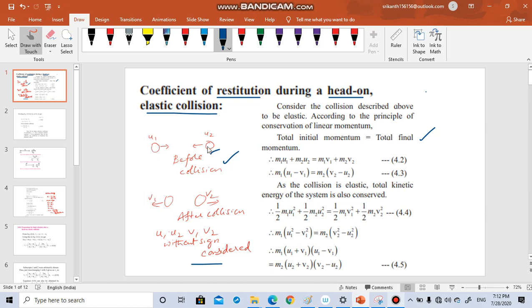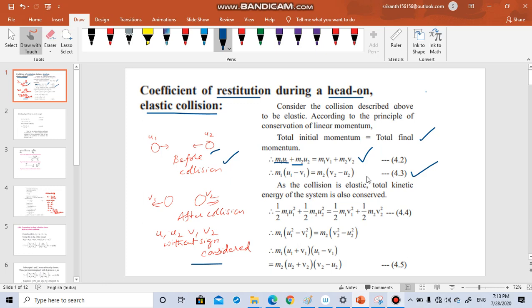There are two bodies: m1 u1 plus m2 u2 is equal to m1 v1 plus m2 v2. Here all m1 terms on one side, all m2 terms on the other side. You got one equation. Now here we are assuming that the collision is elastic.